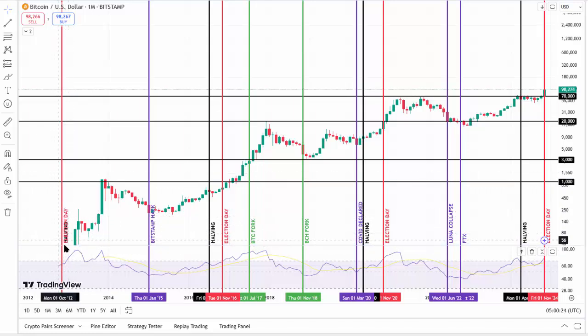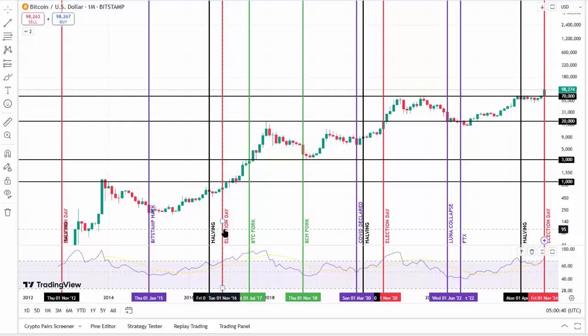I never realized this. Because these two events happen every 4 years, they should be in sync, always happening at the same time. They haven't happened exactly at the same time.